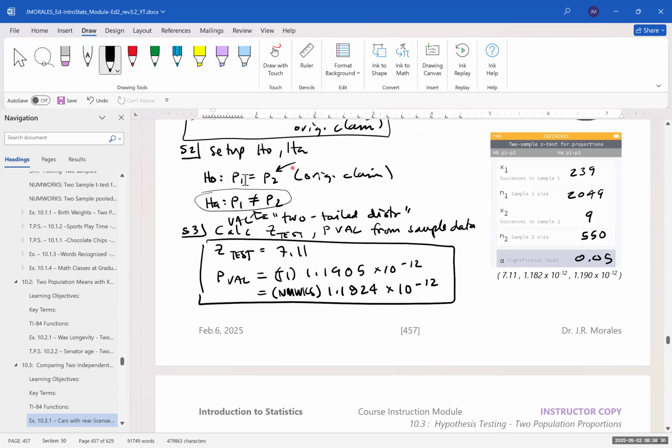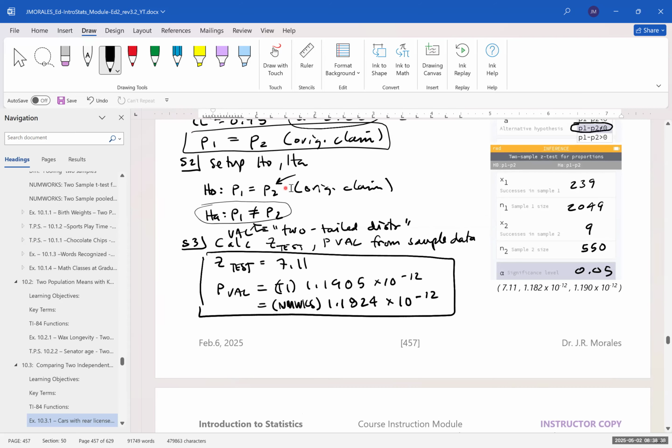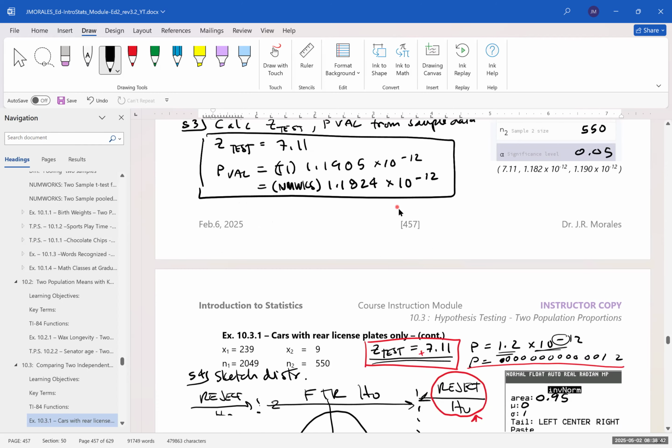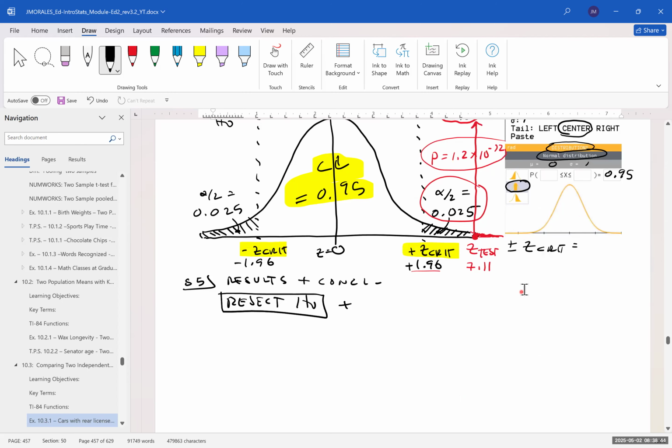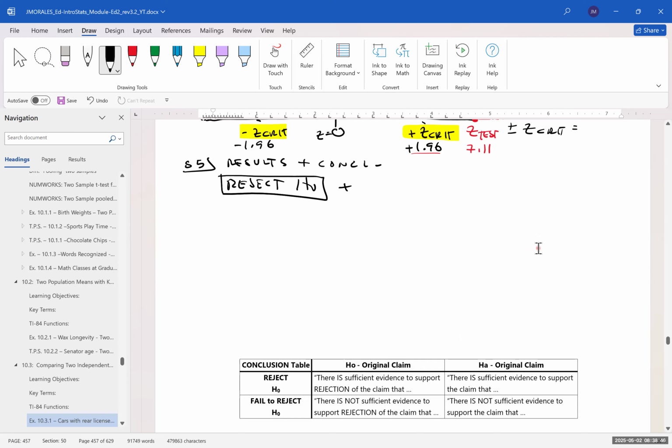So our original claim was the null hypothesis. So the null hypothesis was the original claim. So down here in our conclusion table, the null is the original claim, and we're going to reject the null.